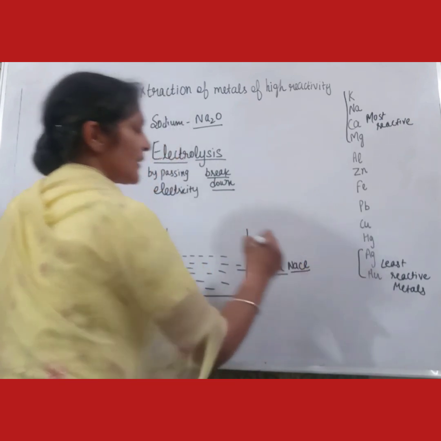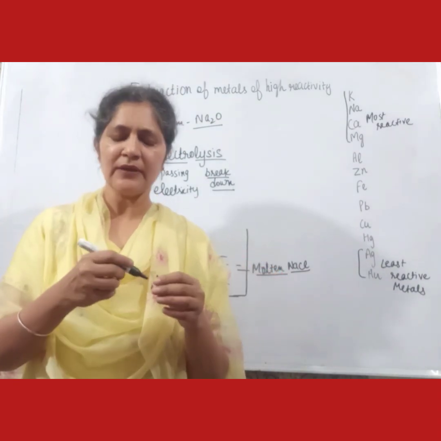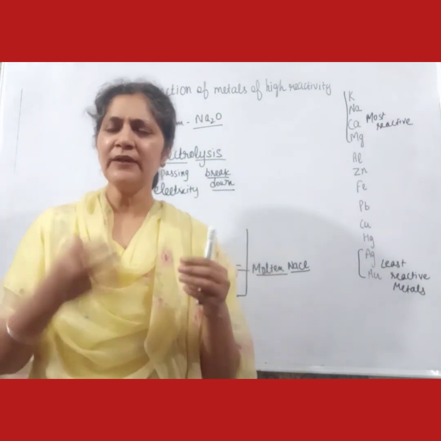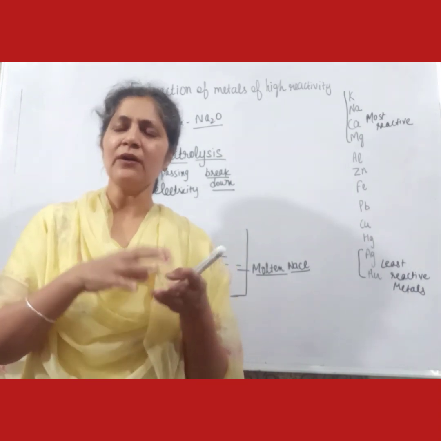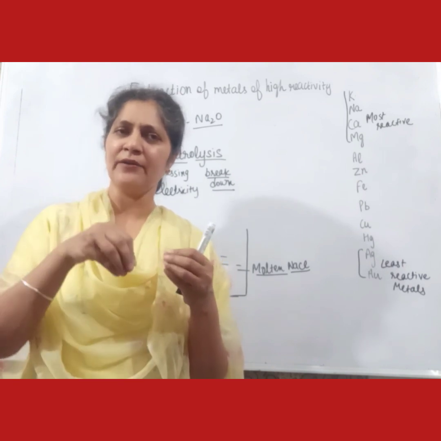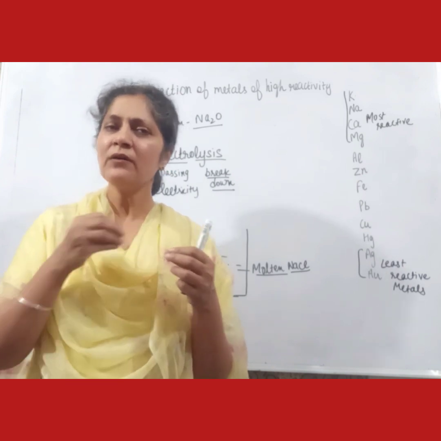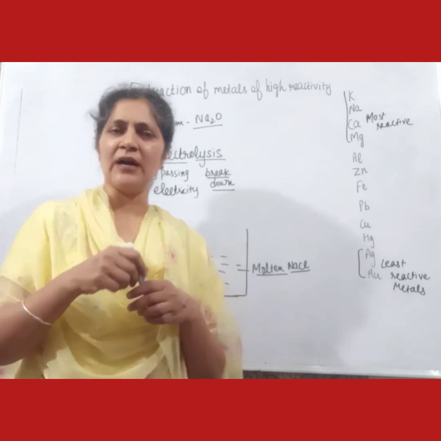Now students, you can ask why we have not taken the aqueous solution of sodium chloride. Because if we take an aqueous solution in water, the oxidation and reduction will take place by hydrogen and hydroxide ions, so we will not be able to get the pure metal. I will also explain this afterwards.